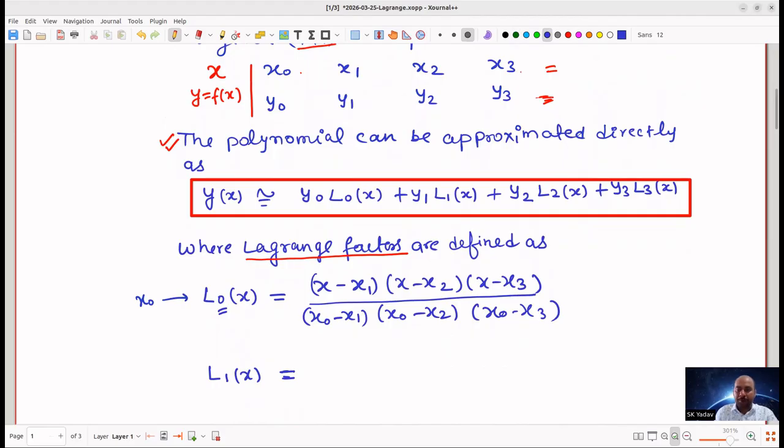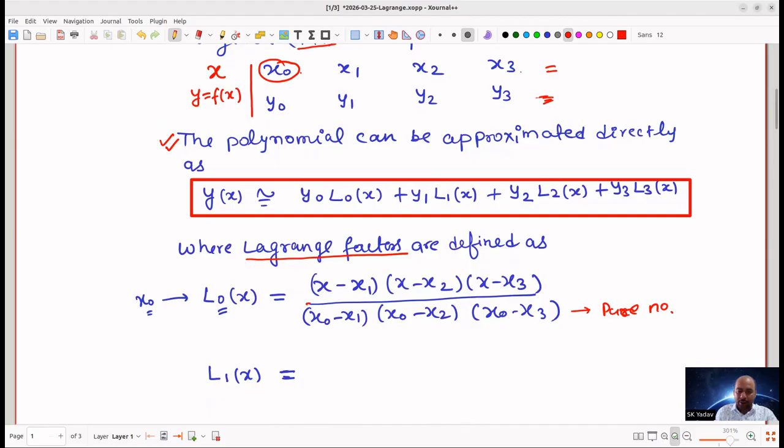In the numerator I will get a polynomial in terms of x, so I have to subtract every point except this x0 from x. So I have written here x minus x1, x minus x2, x minus x3. Except x0, I have subtracted every data point from the variable x. The denominator will always give a pure number, with no variable, so it will be a pure number.